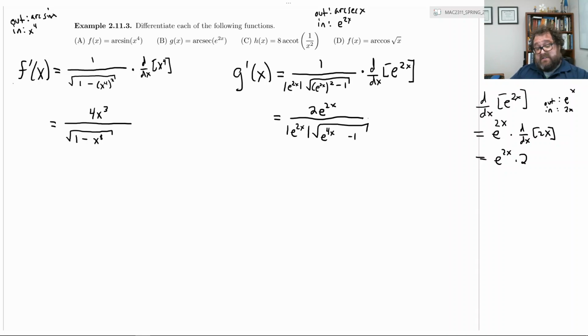Now, in this case, though, we can actually simplify the absolute value, but you should really think about why that is. We can drop the absolute value on that bottom left-hand side only because e to the 2x is a non-negative function. Remember what absolute value does.